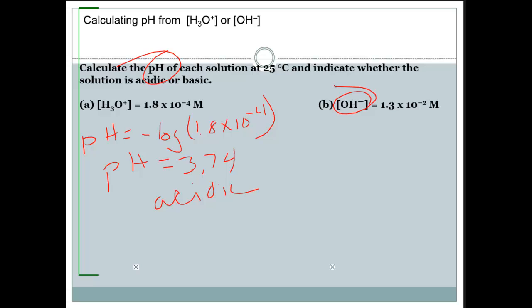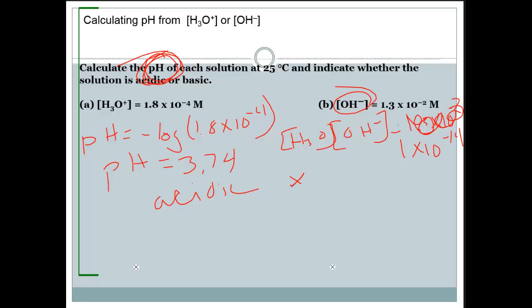This one, they gave me my OH minus concentration. Well, to solve for pH, I need the hydronium concentration instead. So before I do anything else, I need to solve for that. Okay, H3O times OH minus is equal to 1 times 10 to the negative 14.